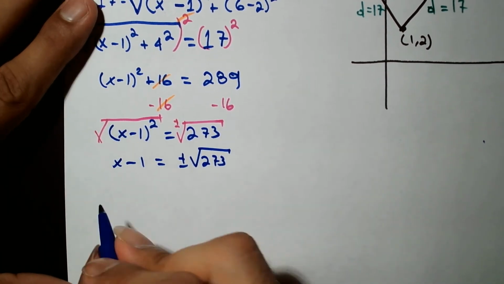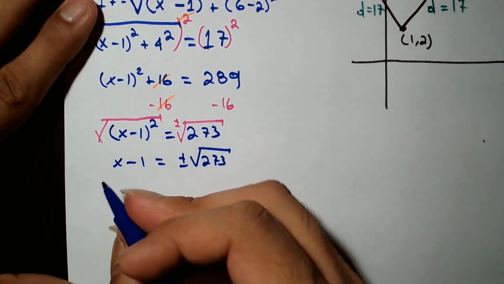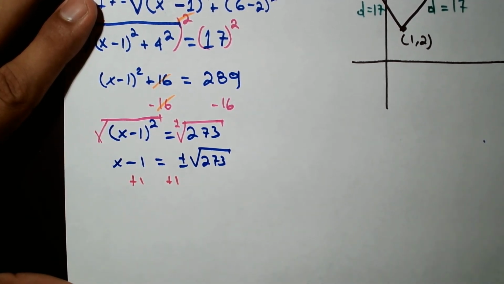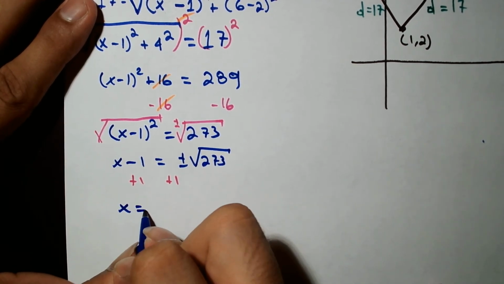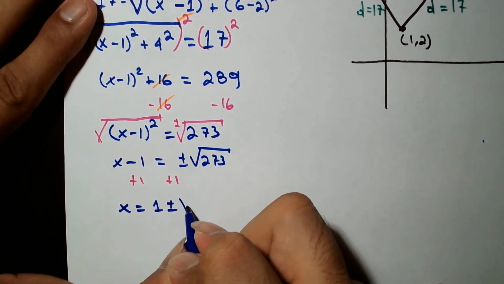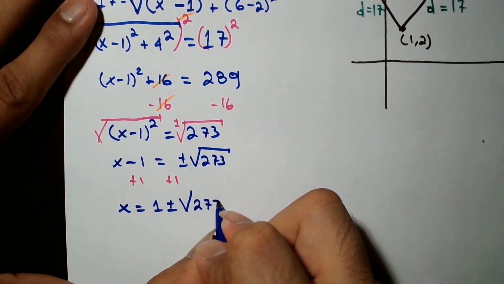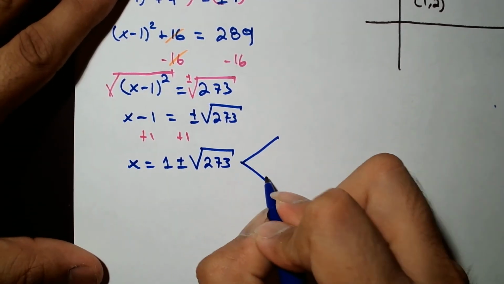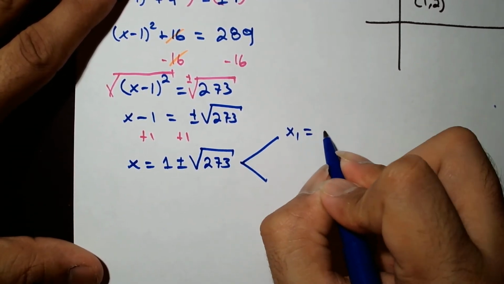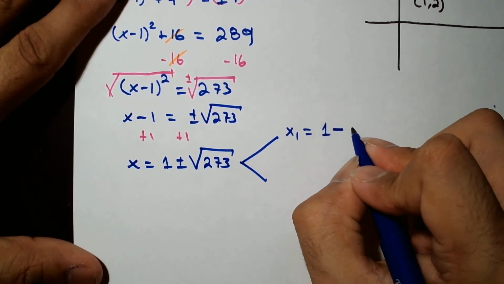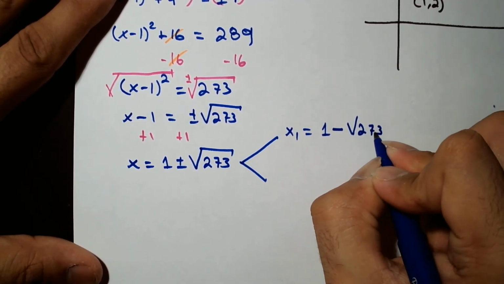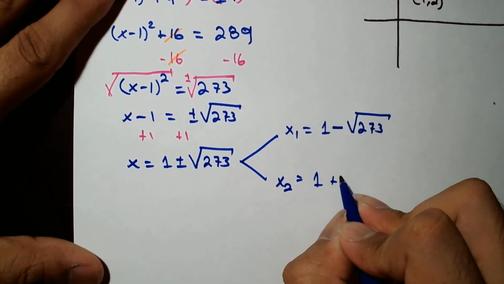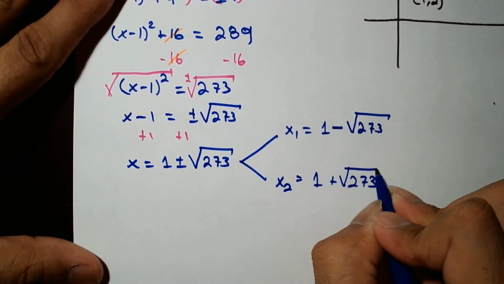To solve for x, all we need to do is add 1 to both sides, and we get the following. x equals 1 plus or minus the square root of 273, which in this case gives us two x's: x1, which is 1 minus the square root of 273, and x2, 1 plus the square root of 273.